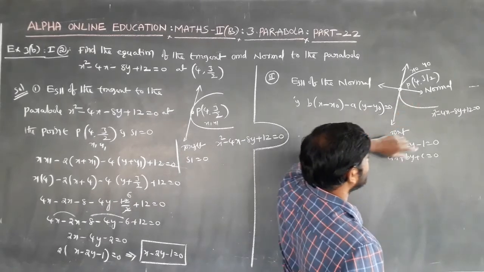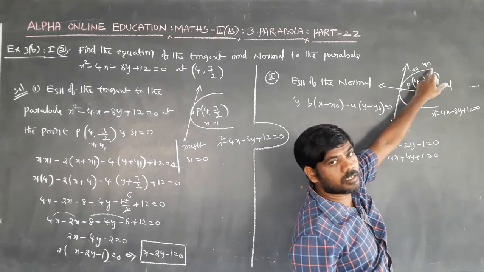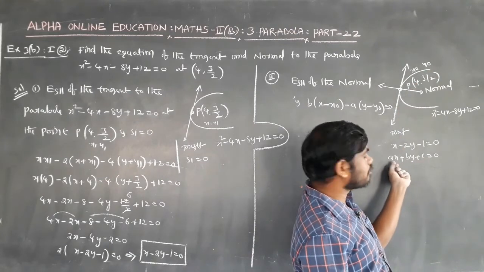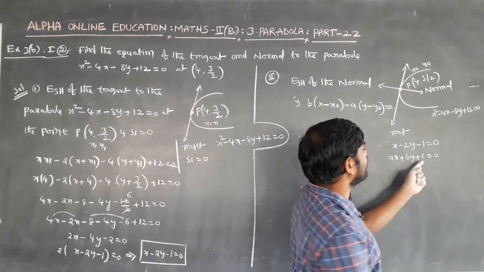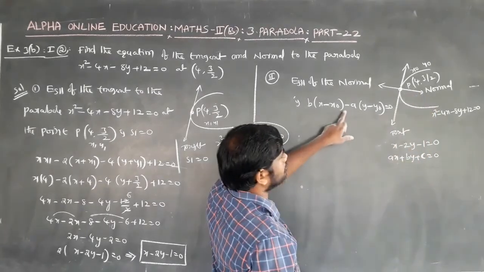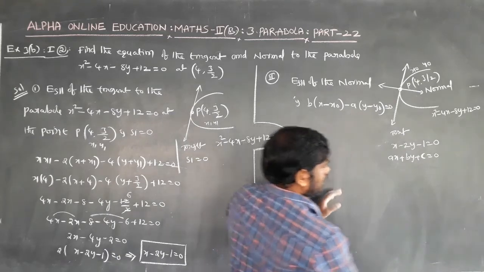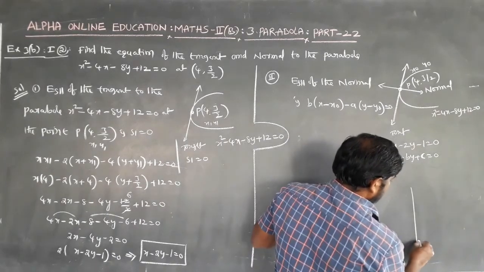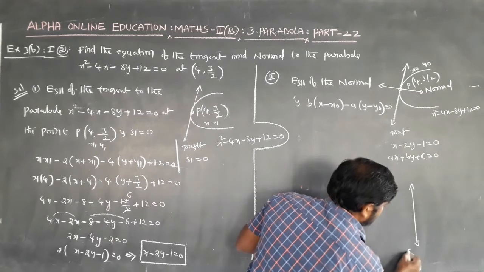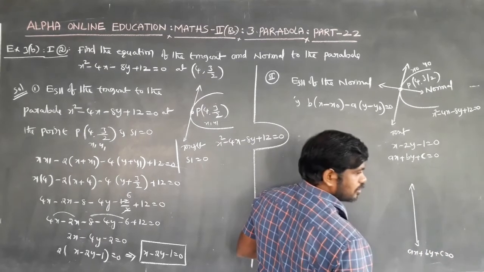Here equation of the straight line passing through the point x naught y naught and perpendicular to ax plus by plus c is equal to 0 is b into x minus x naught minus a into y minus y naught. Suppose this is the equation of the straight line ax plus by plus c equal to 0.